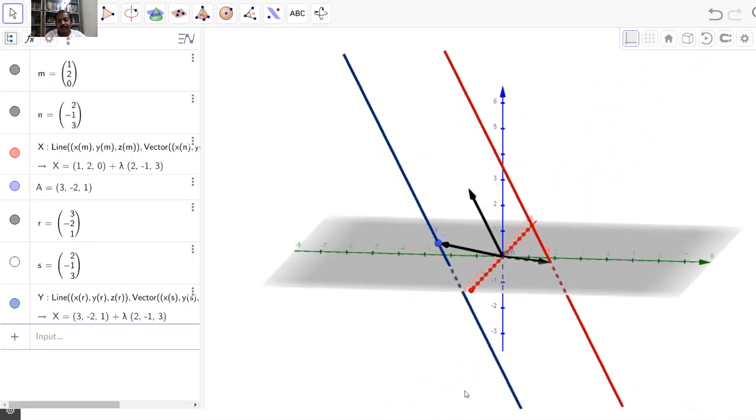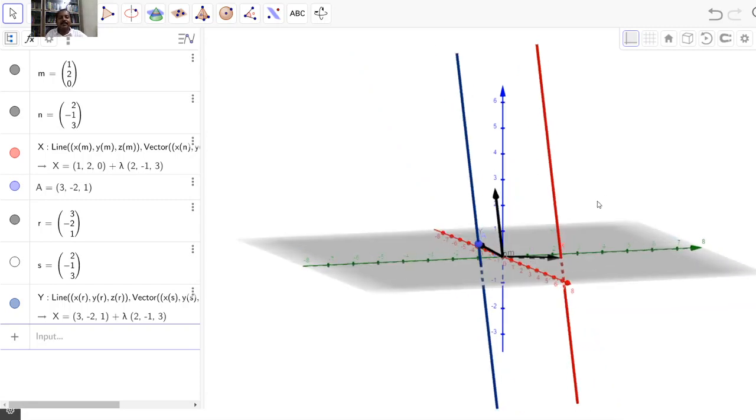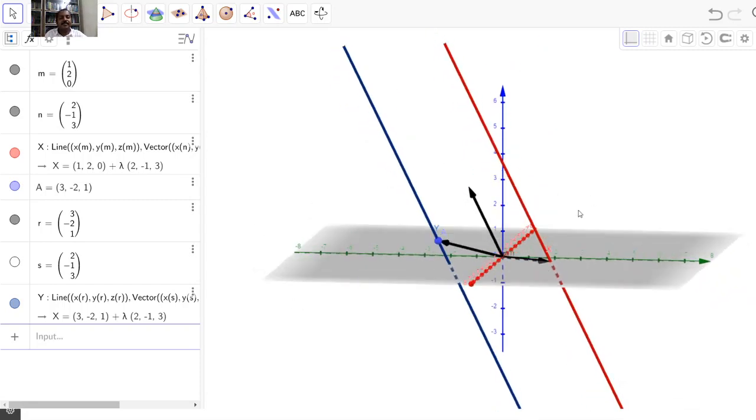So what we have solved is the blue line, this one. Our question was to find a line parallel to this one and passing through A. So this is the solution, and its equation is (3, -2, 1) plus t times (2, -1, 3).